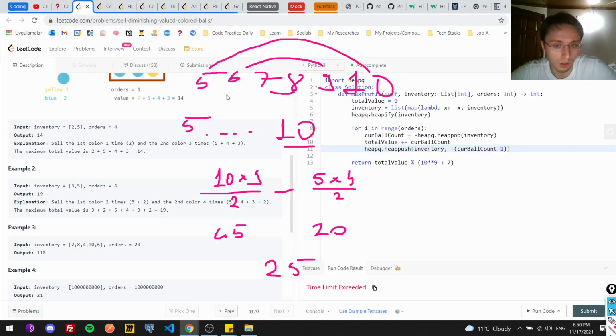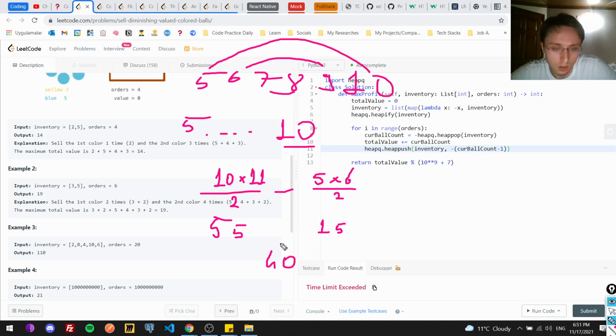It is plus 1, alright. I made a mistake. So this should be 11. This should be 6. So times, okay. This is 55. This is 15, 30, yeah, this should be now 40.